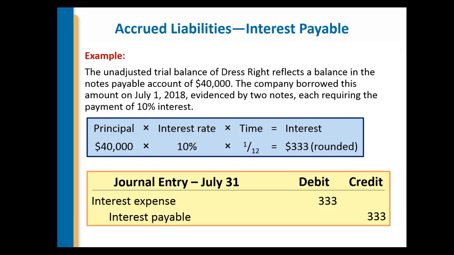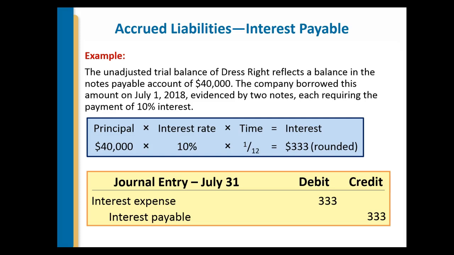So the adjusting entry debits the interest expense and credits interest payable. This entry records the interest expense accrued for July on notes payable. After this entry is recorded and posted to the ledger accounts, the interest expense account will have a debit balance of $333, and the interest payable account will have a credit balance of $333.